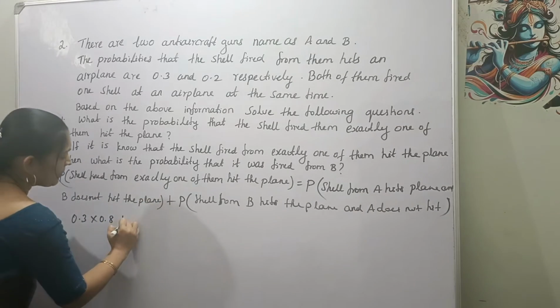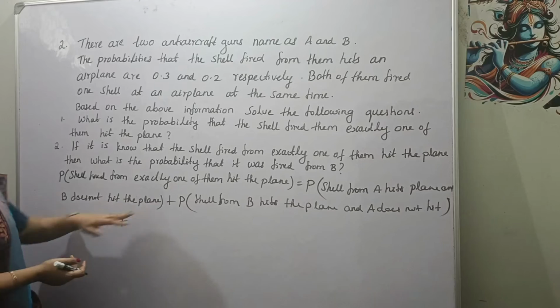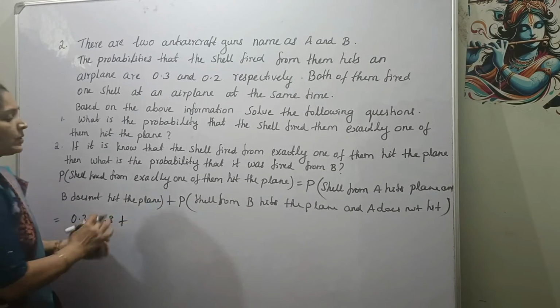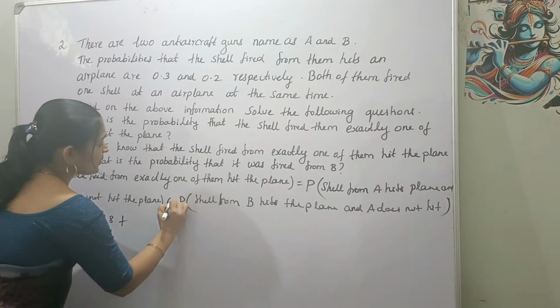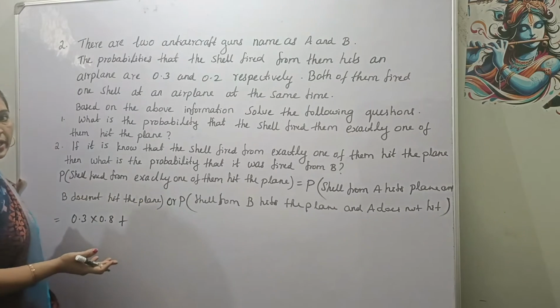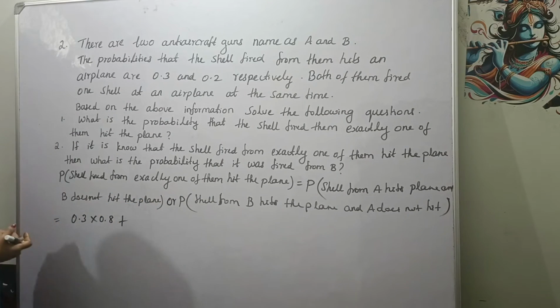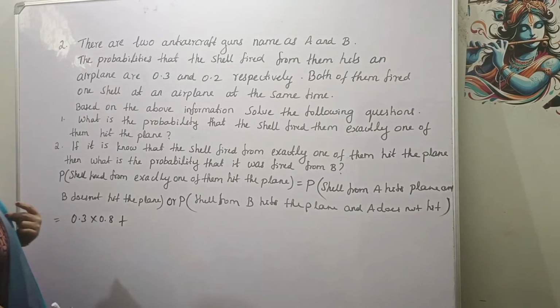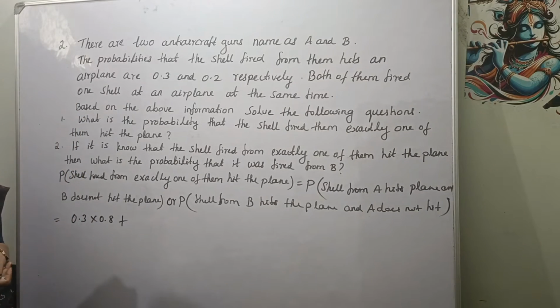Plus, because it is OR. OR means union, with plus. Okay? Probability of shell from B hits the plane and A does not hit the plane, right?